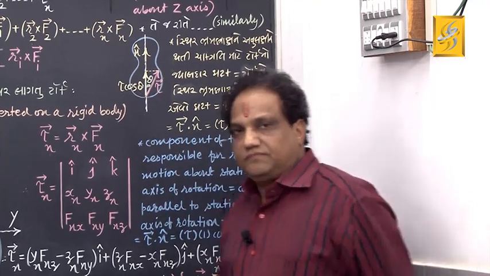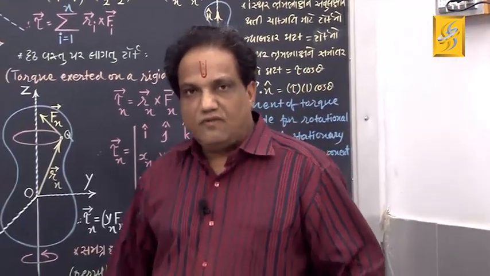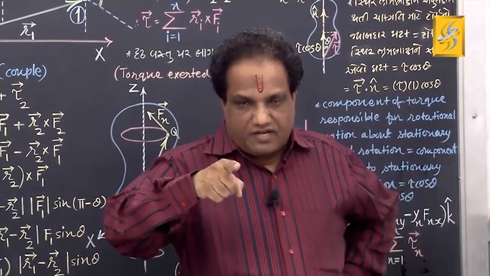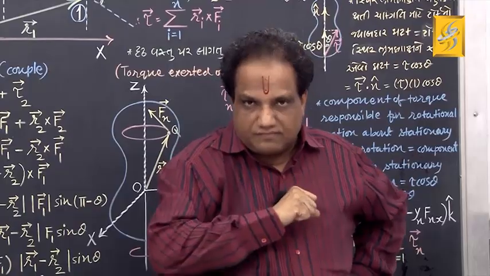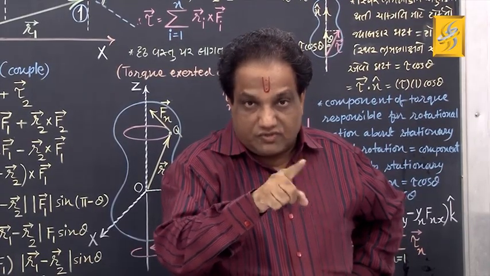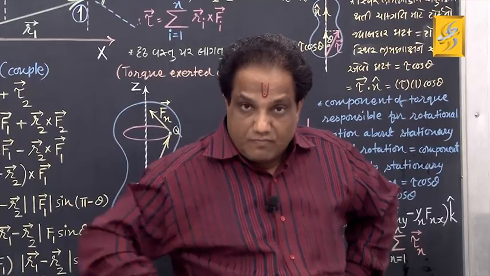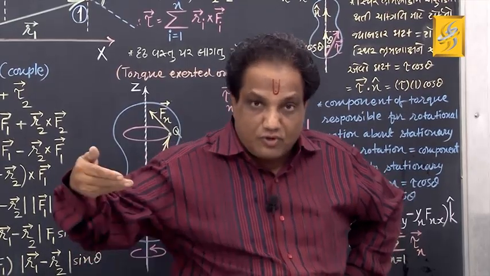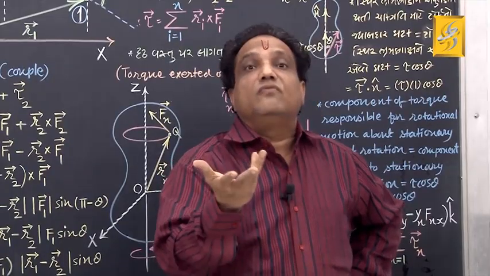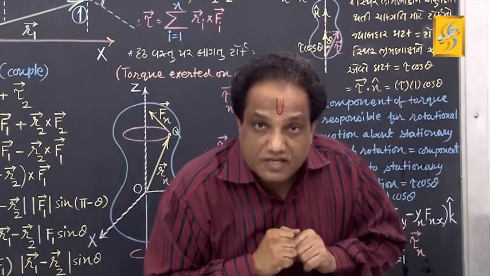In semester 1, remember, when the block was lying on the horizontal surface and vector F was exerted in this direction, and the angle made by that force vector with the horizontal surface was theta, at that time which component of force was responsible for producing linear motion? It was the component of F adjacent to theta. What was that? F cos theta.